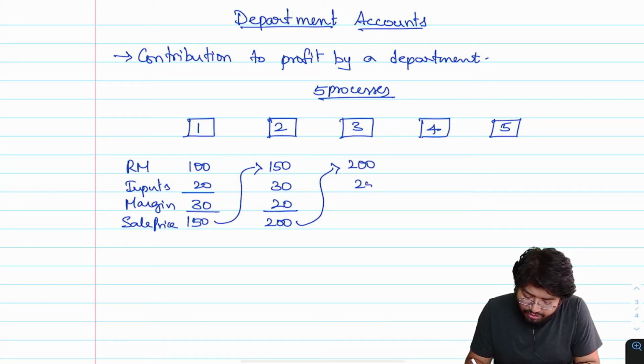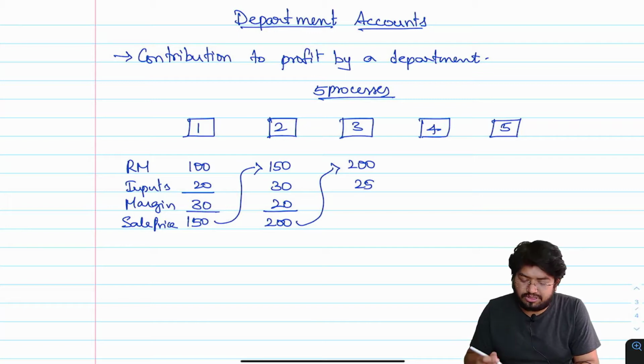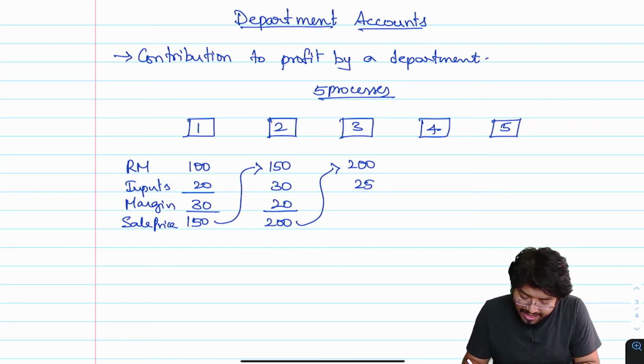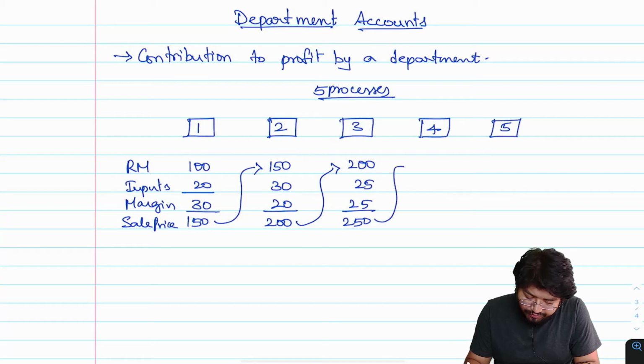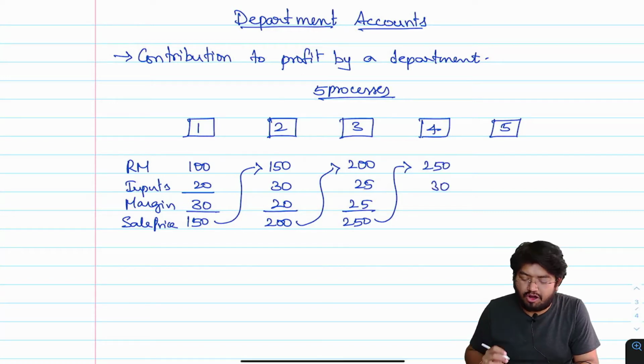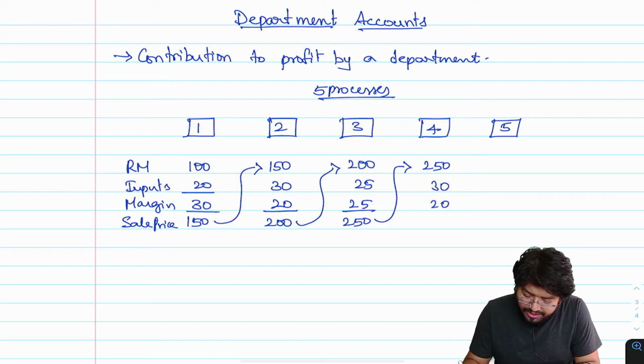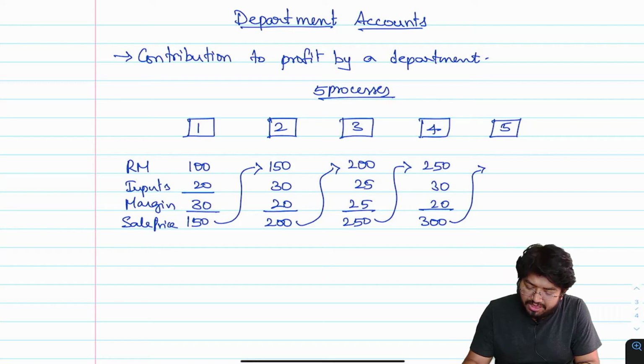Another 25 rupees is contribution from the third department, and it makes a margin of 25 and finally gives it out for 250. Again, this 250 goes to the fourth unit, where it adds another 30 rupees of contribution, and 20 rupees is the markup. It comes to 300. So this 300 will go to the fifth department.